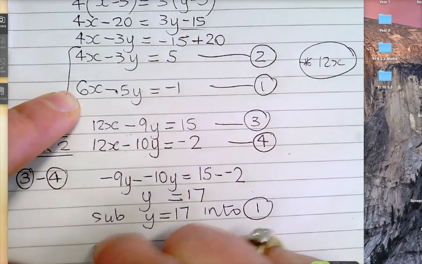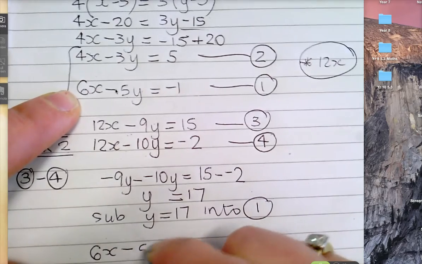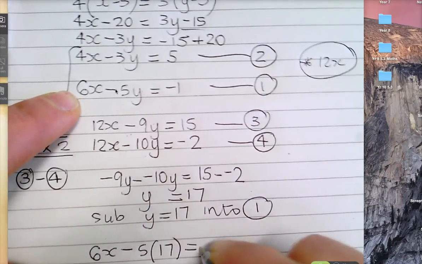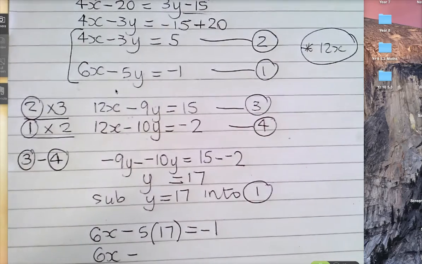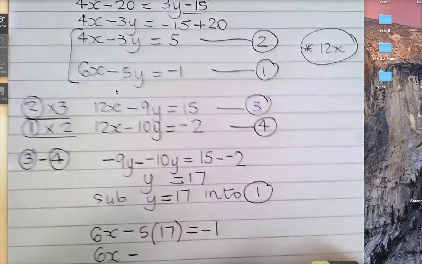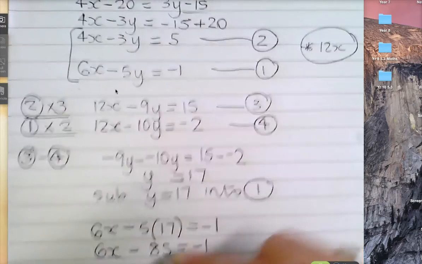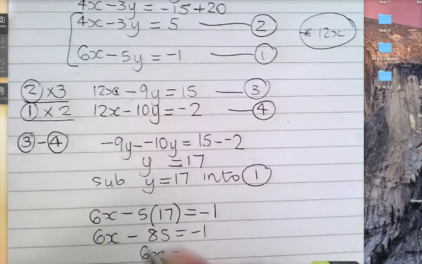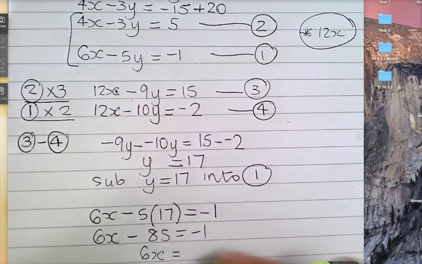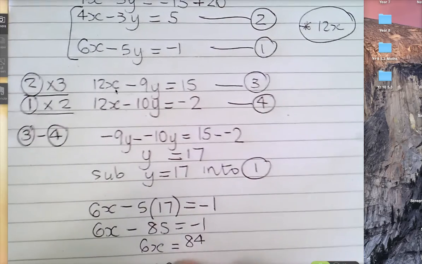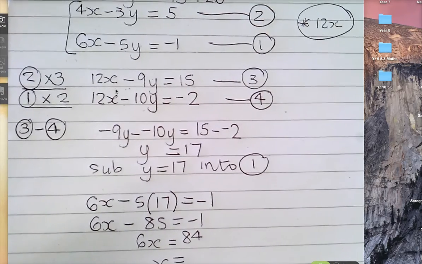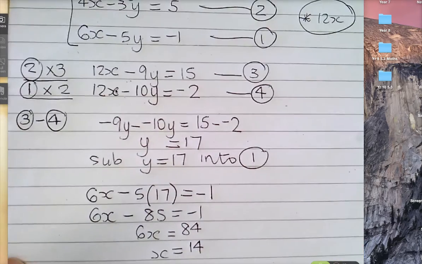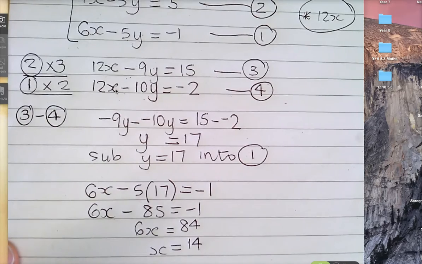So we've got 6x minus 5 times 17 equals -1. 6x minus, what's 5 times 17? 85 equals -1. 6x is -1 plus 85, which is 84. And our 6 12s are 72, 78, 14. X is 14. And so that's our answer.